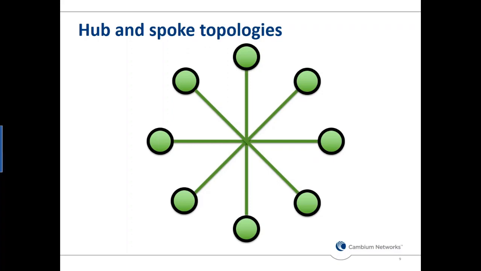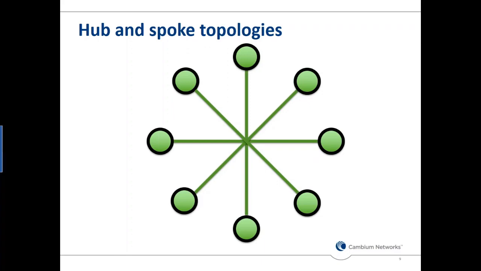Those nodes aren't connected to each other, but they're all connected back to one central point, and that central point handles the connectivity between all the other nodes kind of as a proxy. I apologize for the mistake here on my part. I should have a circle in the middle of this, so my apologies there.